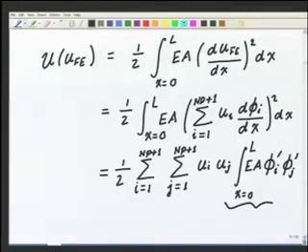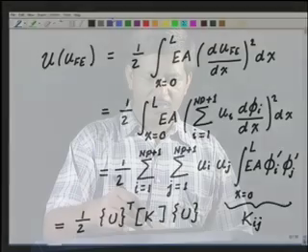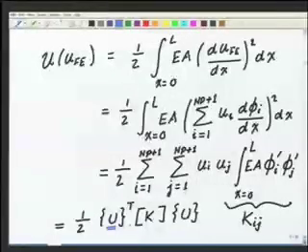But what is this quantity? This is nothing but our global stiffness entry Kij. So this summation will be equal to half of U transpose into K into U. So when I have solved my problem, I obtain this vector U. So I already have my stiffness matrix, the global stiffness matrix.